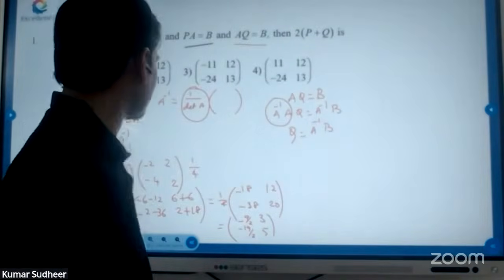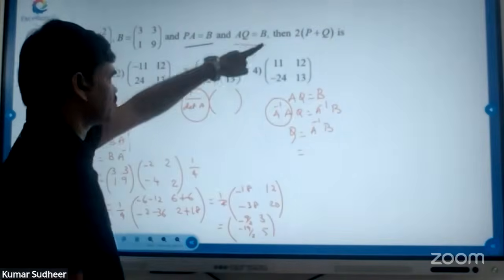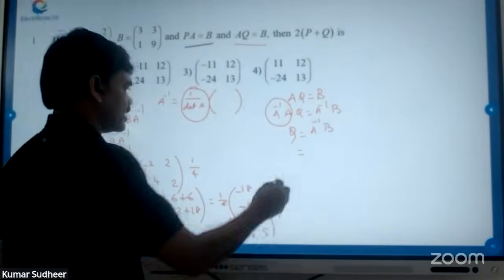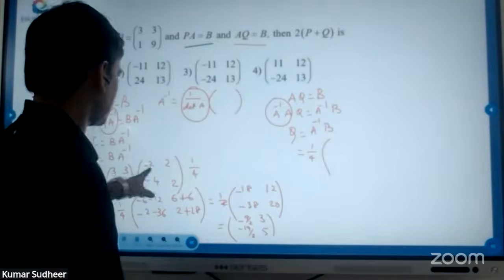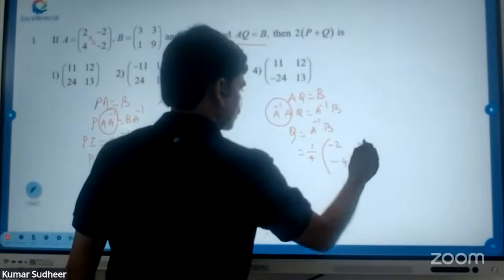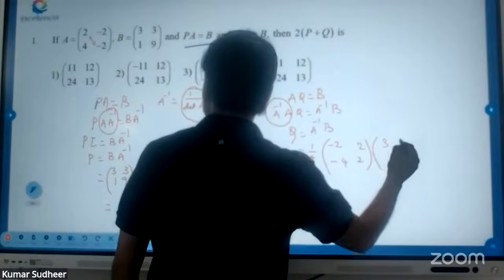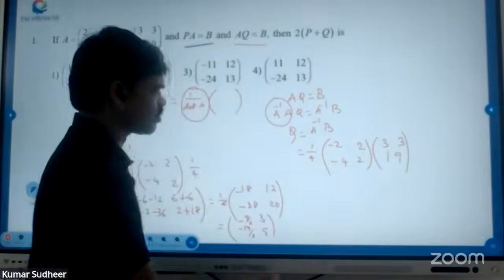So try to get the value of A inverse now. A inverse, we already got the value here. I'm going to substitute that: 1 by 4 into A inverse, which is minus 2, 2, minus 4, 2, and the matrix B, which is 3, 3, 1, 9. So let us multiply this.